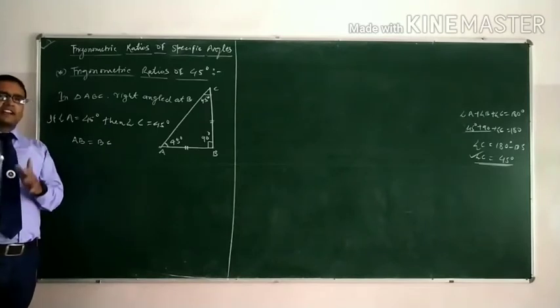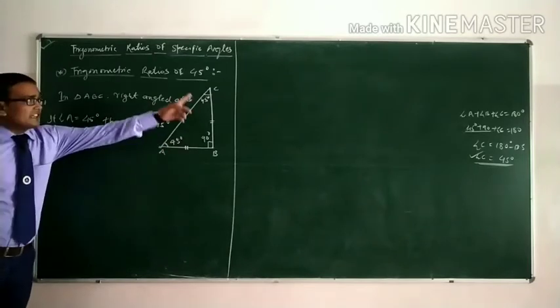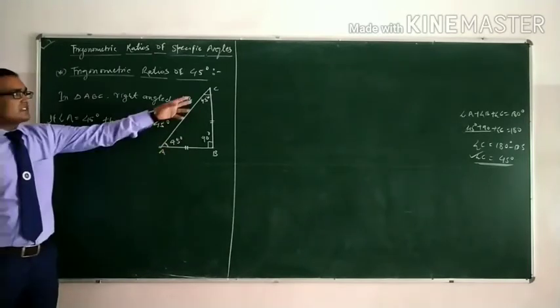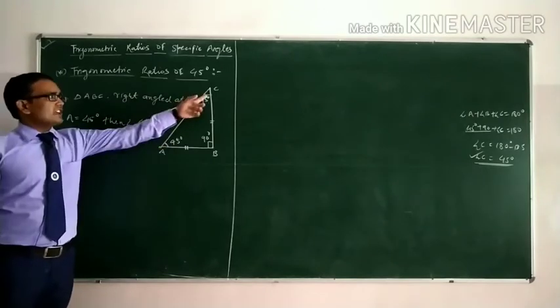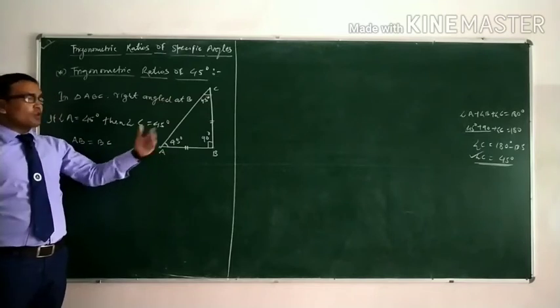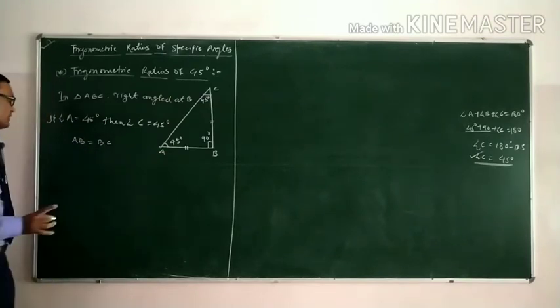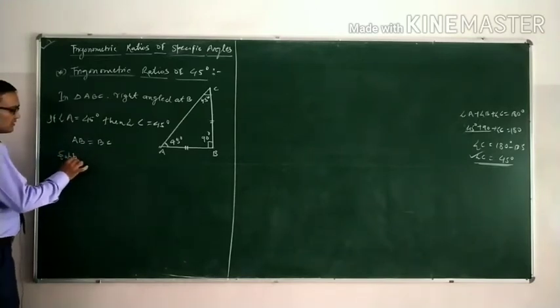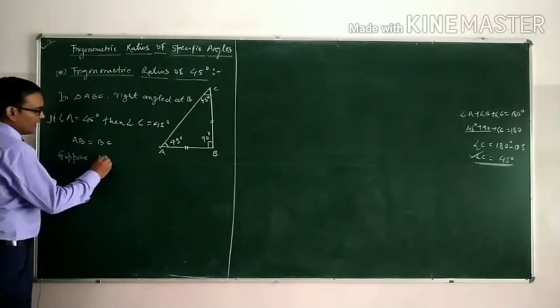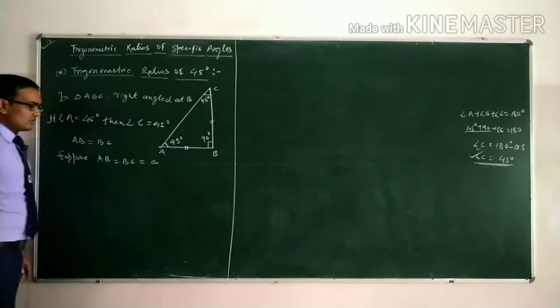Here we only take angle A equal to 45 degree, then this is a right angle triangle, then angle C is also 45 degree, and both angles are equal, then the opposite sides are equal to each other. Okay student, suppose AB equal to BC equal to a.